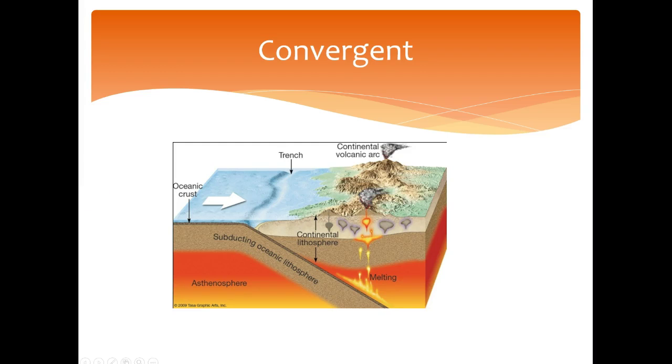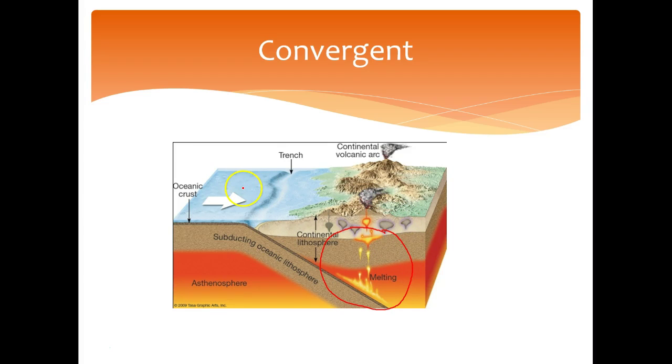So, this picture should not be new to you. This is a convergent boundary. And so, we spent a lot of time talking about this section here. Whenever we reach about 100 kilometers in depth, melting takes place, chemical reactions occur, and the material being less dense rises to the top and we have a volcano.